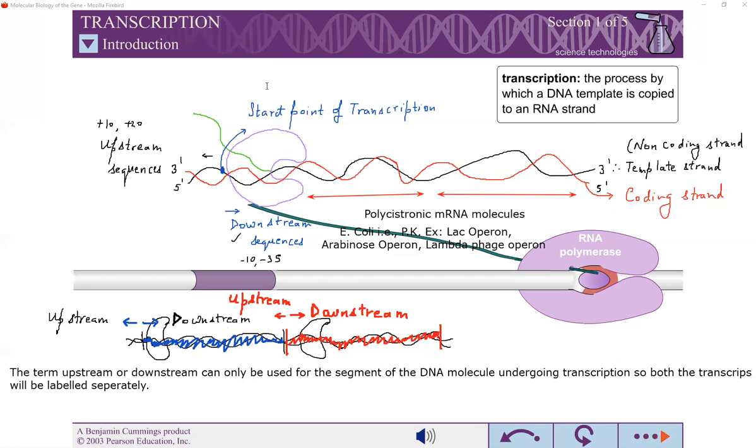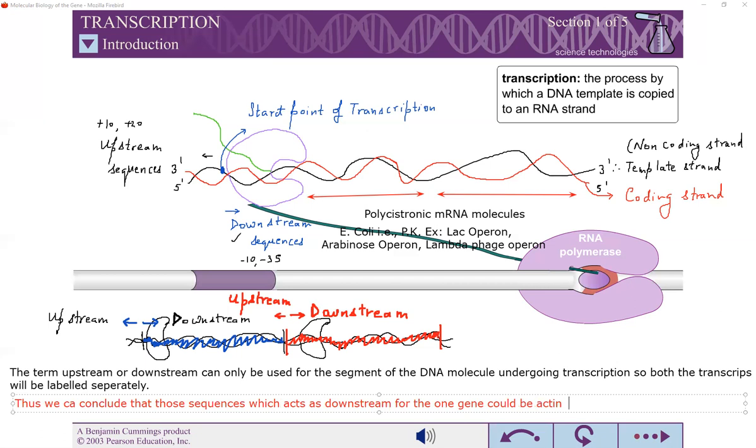So what I am trying to state here is that those sequences which act as downstream for one gene could be acting as upstream for the other gene.